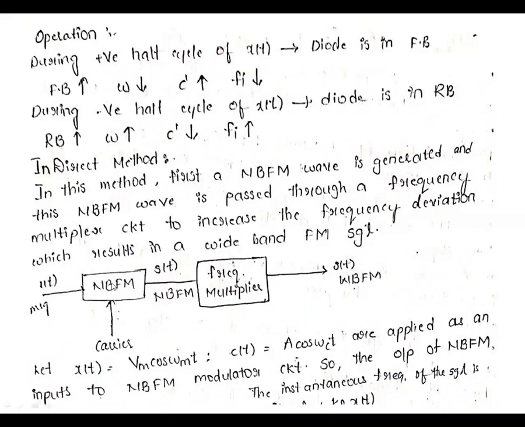First you generate the narrowband FM, and from the narrowband FM, go for the wideband FM. The narrowband FM is given to the multiplier, and the multiplier output gives the wideband FM. So this is the indirect method of generation. Here, let m of t equal Vm cos omega m t, and the carrier is Ac cos omega c t.